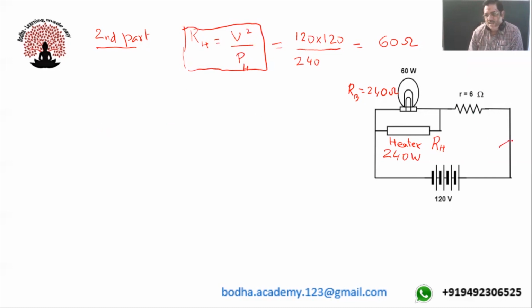This current, let me call it I2. The current will be flowing in this direction. This I2 we will find out by applying Ohm's law. So I2 is equal to V by R effective.